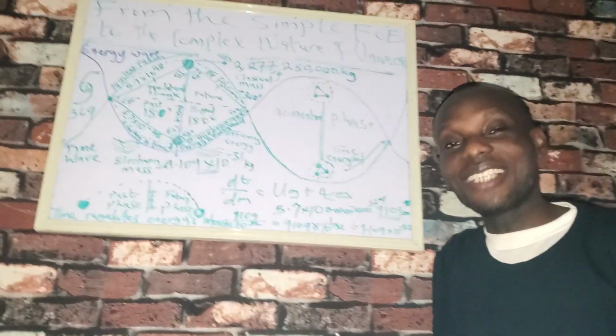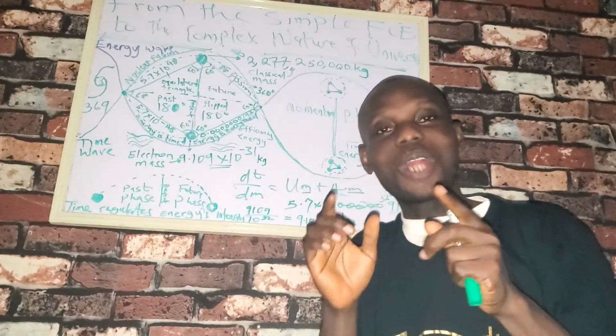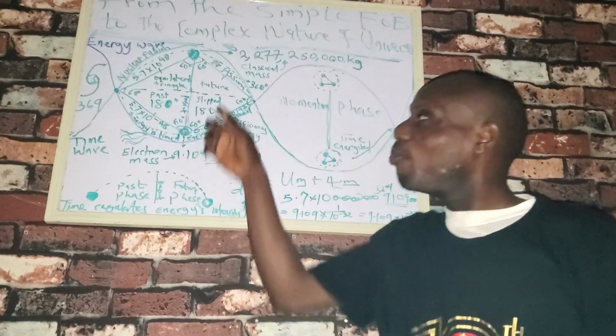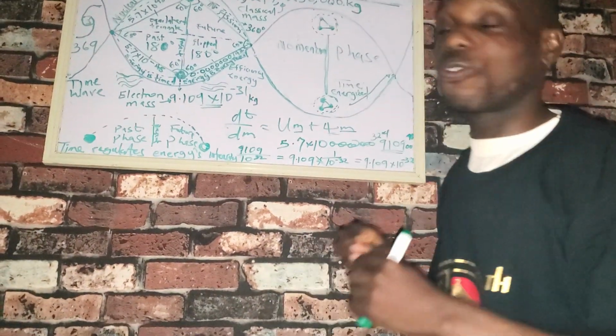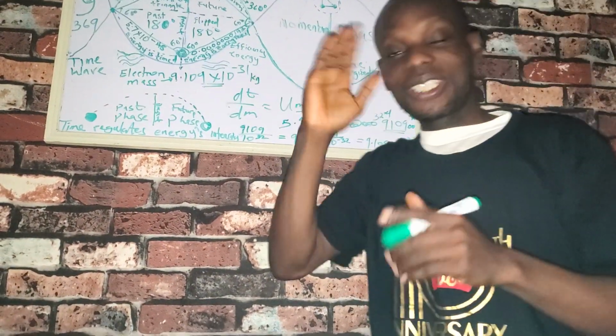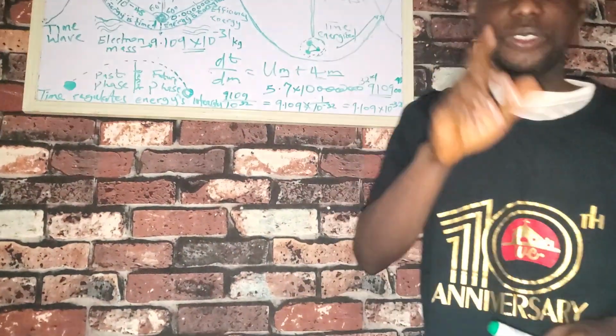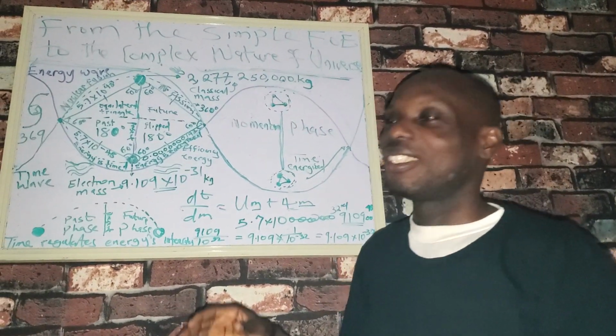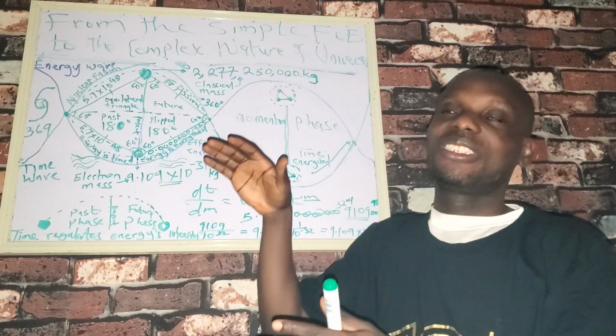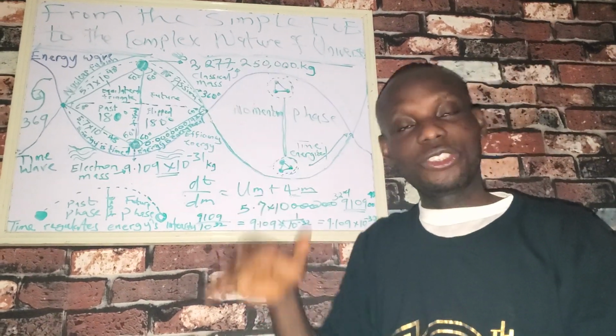So anything that has power to travel from one point to another must obey the law of relativity, and that is to flip. Now, I have said it in one of my previous videos that it is not that time is the fourth dimension.